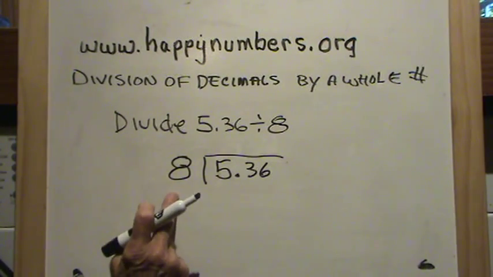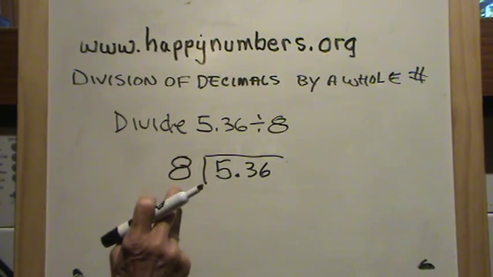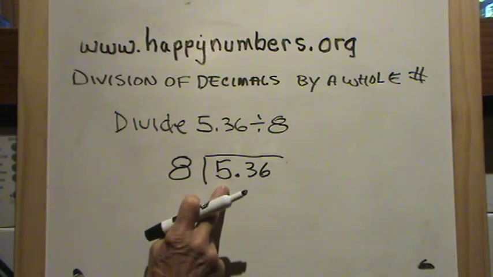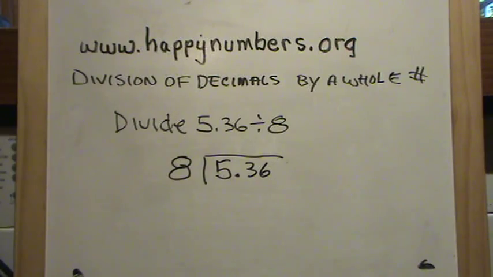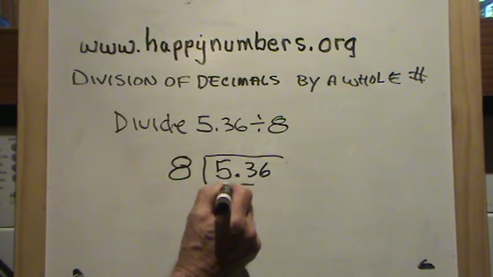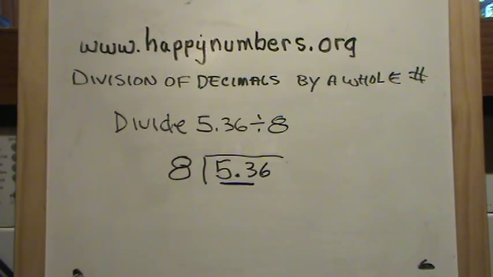Okay, so let's assume you know how to do long division. All we do now is divide. 8 cannot go into 5. So we say 8 goes into 53, and 8 will go into 53 6 times.